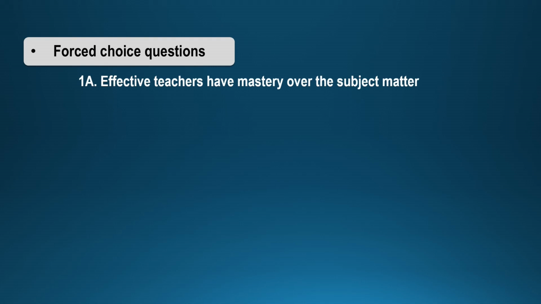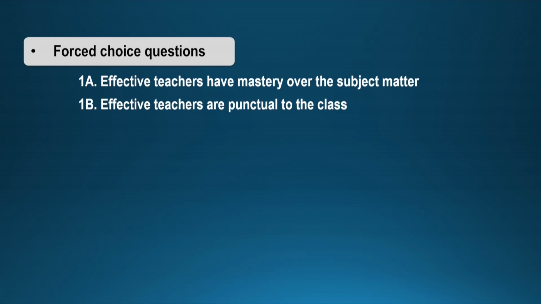For example, if you're trying to identify the qualities of an effective teacher, maybe these two items are given and the person has to make a choice between the two, 1A and 1B. That is, effective teachers have mastery over the subject matter. Effective teachers are punctual to the class. So which one is more important? The person has to put a tick mark.